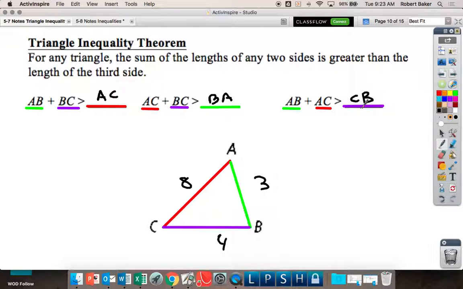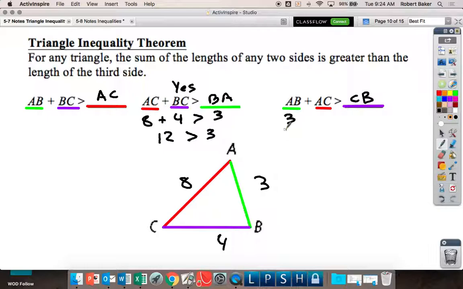Okay, so you have to do this 3 different times. Let's start here. What is AC? 8. What's purple? 4. What's green? So is this true? Is 12 bigger than 3? Yes. Okay, let's go to here. What's green? 3.